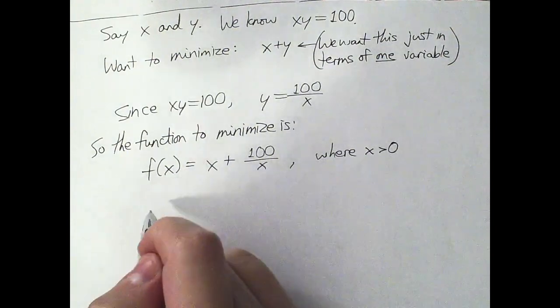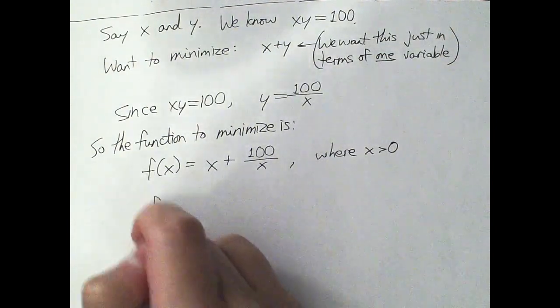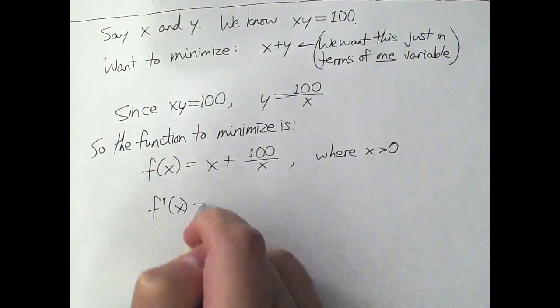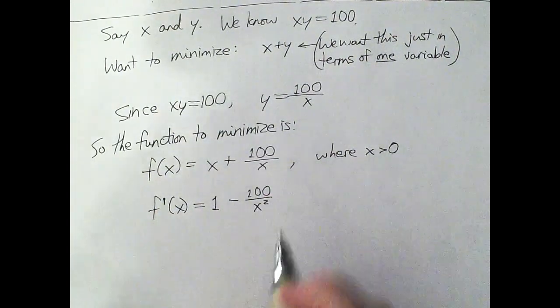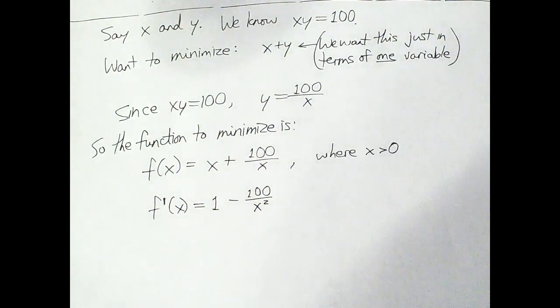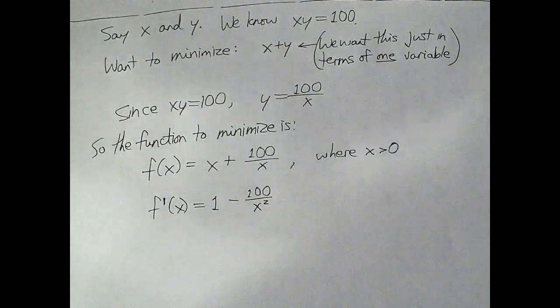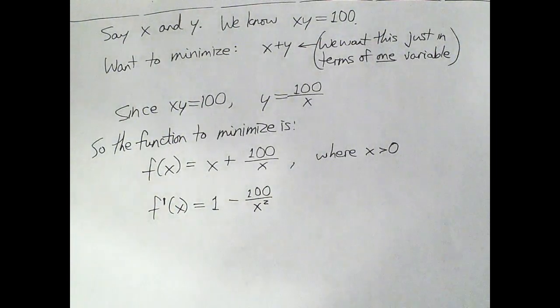So let's find the derivative of it. The derivative of f is 1 minus 100 over x squared. This is what I'm looking for critical points of. I can't really say x equals 0. Even though the derivative would be undefined, it's tempting to call that a critical number. It can't be a critical number because it's not in the domain of f.